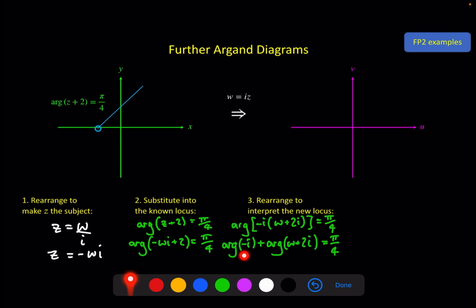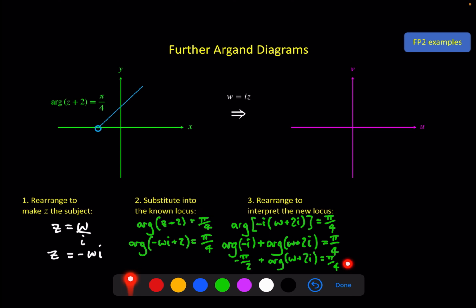That's not so bad because the argument of minus i, we actually know what that is. Minus i starting from here, minus i is down here. And the argument of that, going clockwise, is minus pi by 2. So I can just change that into the thing we know it is. And then bring this on to the right hand side.